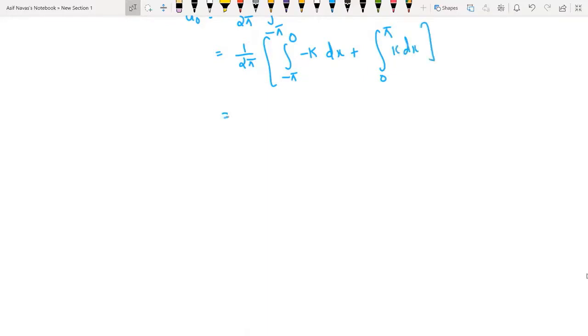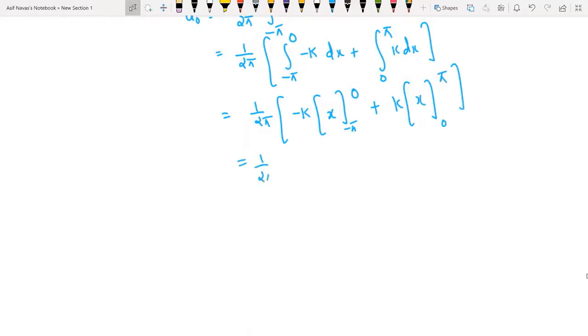So this is equal to 1 by 2 pi, minus k x from minus pi to 0 plus k into x, since the integral of dx is x, from 0 to pi.